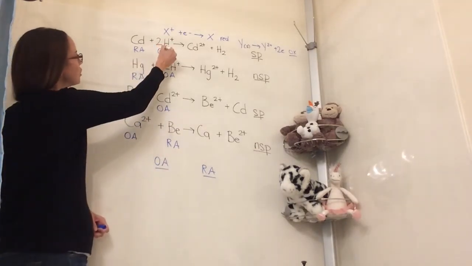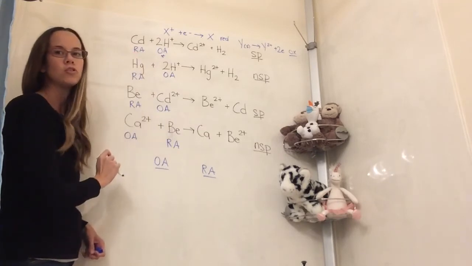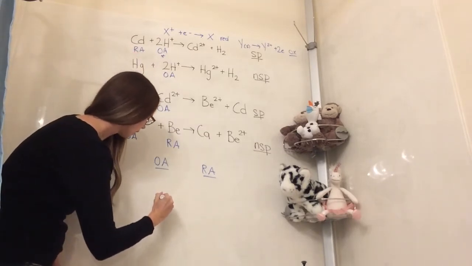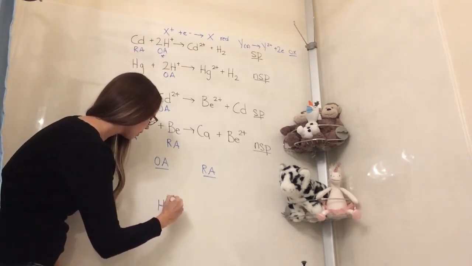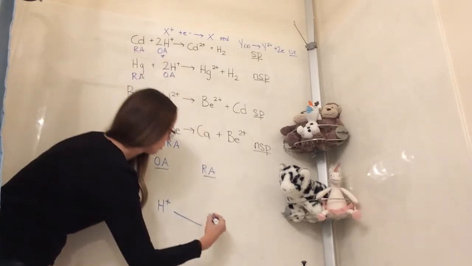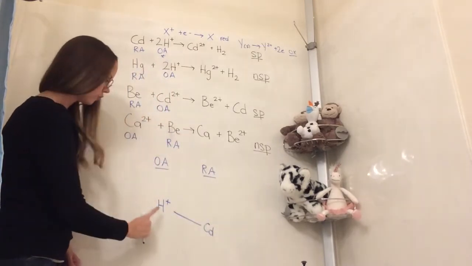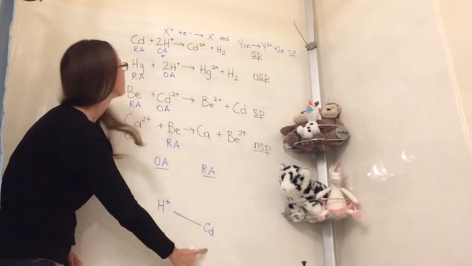So in this reaction, my oxidizing agent hydrogen is for sure above my reducing agent cadmium on my table. Okay, so hydrogen is above cadmium.